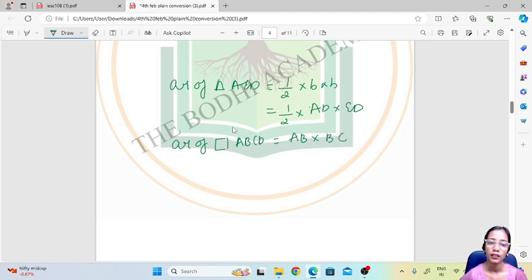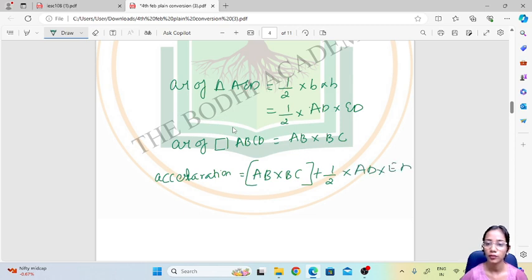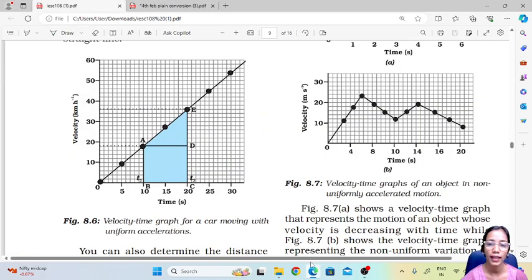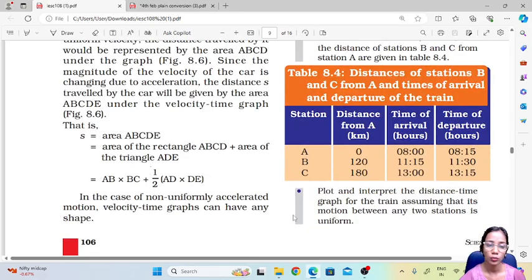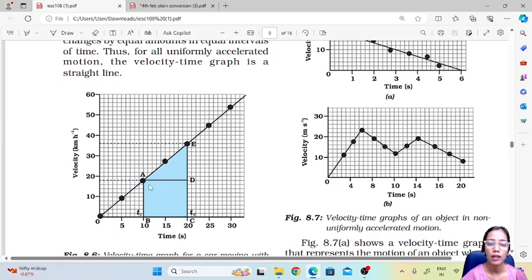So finally the acceleration will be AB into BC plus half into AD into ED. And when you substitute all the values from the graph you will get the final acceleration value. So velocity time graph helps us to identify the acceleration.